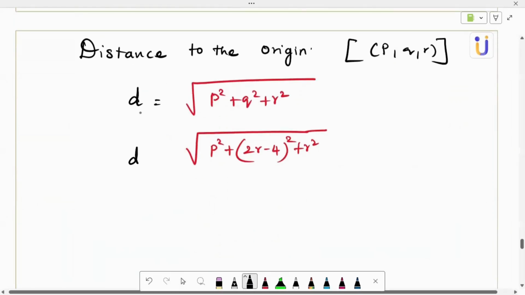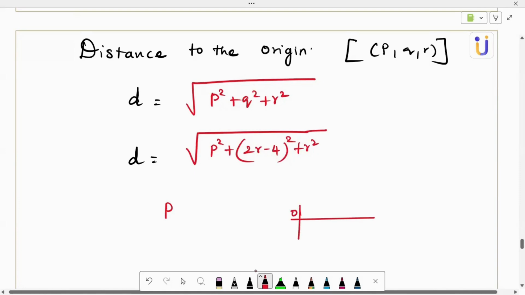D is equal to that. P is the x coordinate, and our plane equation itself doesn't have x, right? So we can imagine this p can be very, very close to the origin. So x is the p coordinate.